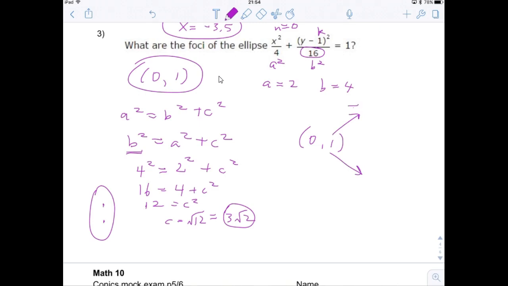We're going to add square root of 12 and subtract square root of 12 to the y value to get the two values of y. So we have (0, 1 plus square root of 12), and the other one would be (0, 1 minus square root of 12).